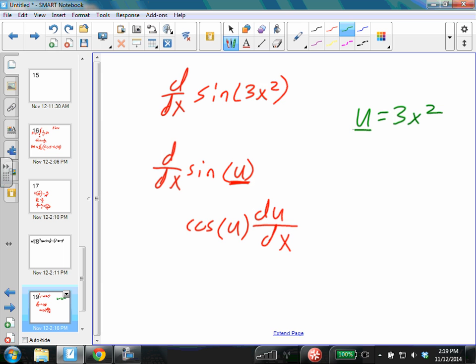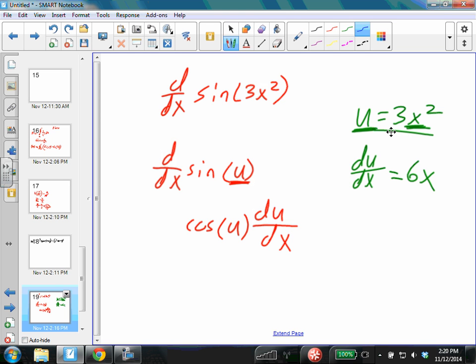So what I'm going to do is come back up here to my u, and see if I can find the derivative of u with respect to x. And I can, because this function u is written in terms of the variable x. Right? So we can get a derivative here. What's the derivative of 3x squared? 6x.